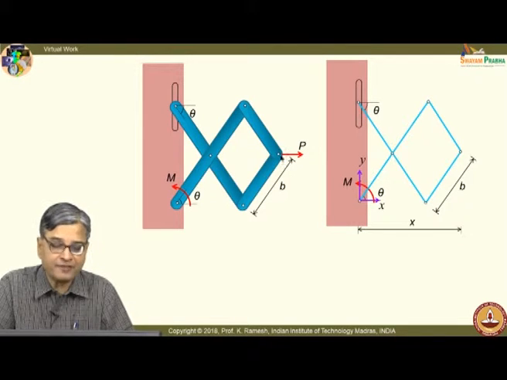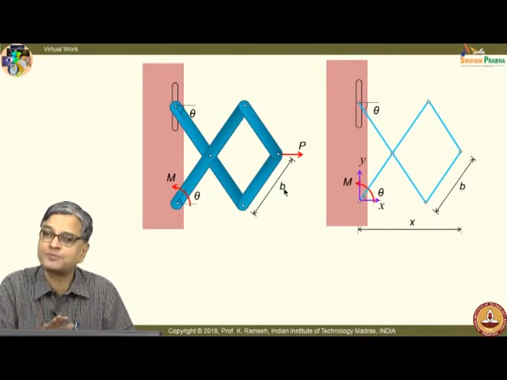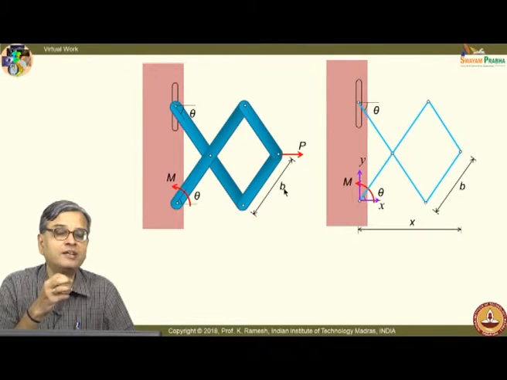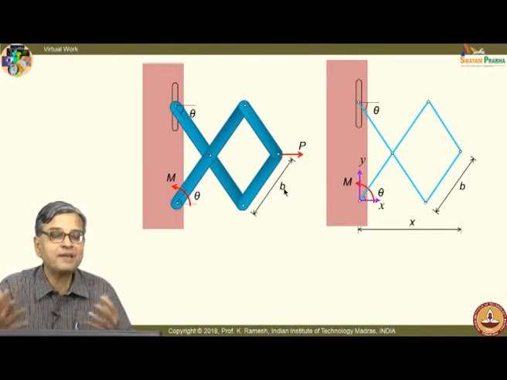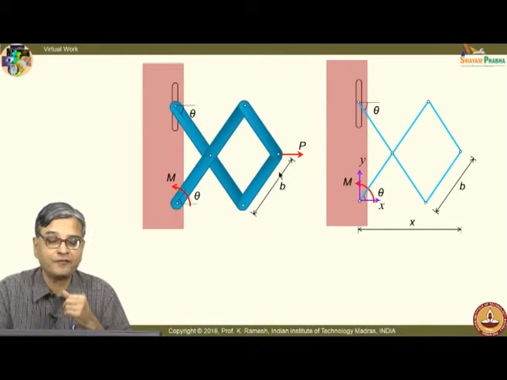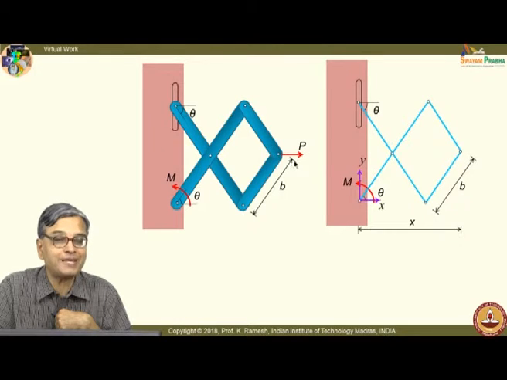On the other hand, if somebody wants to increase M and then draw the displacement configuration, that will also have to give the same value for this problem. Is the idea clear? See, I am giving a virtual displacement for a given configuration to establish the interrelationship. I am not supposed to get one result if I give a virtual displacement to force P, and another if I give it to force M. If I give it for M, recognize what way P will get displaced.